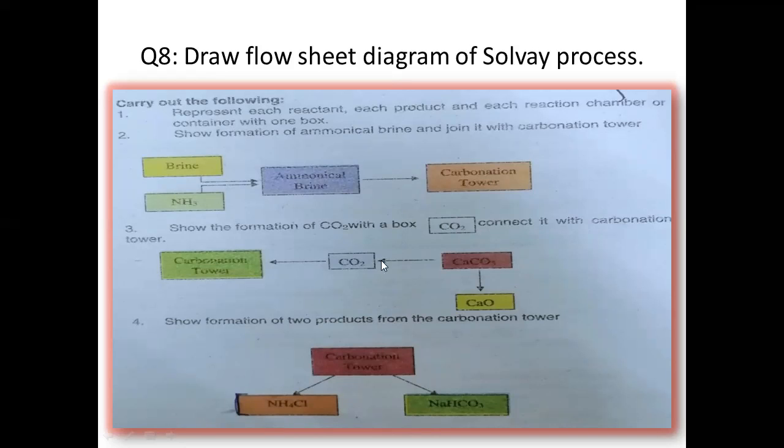In the carbonation tower, the carbon dioxide which came from the calcium carbonate will react with the solution of ammonical brine. So calcium carbonate gives us calcium oxide and carbon dioxide, which is recycled in the first step. Then two products from the carbonation tower are formed. One is ammonium chloride and one is sodium hydrogen carbonate.